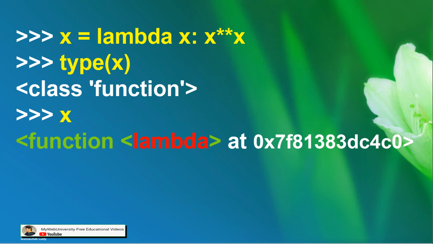So the lambda name is used for the function x, and the result is whatever that expression x to the power of x returns to the function x. So when we say type x, it says that it's a class function. But if we just run x, it's going to say, well, this is a lambda function, you want to give it some parameters. And then I say, yeah, I agree.